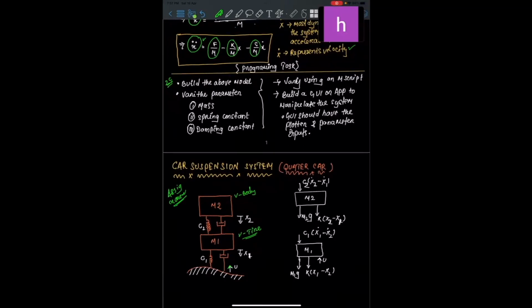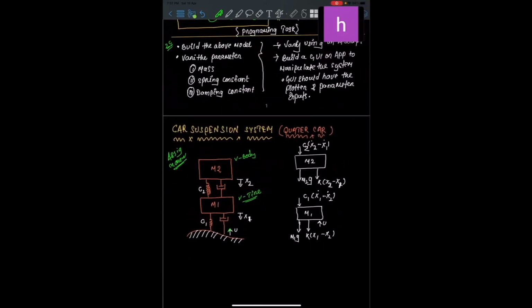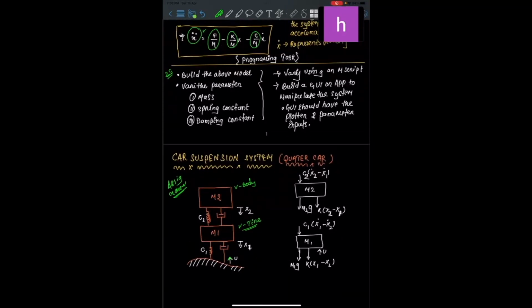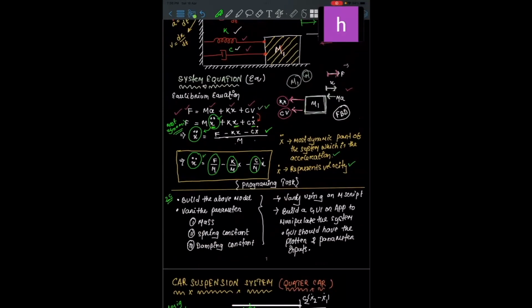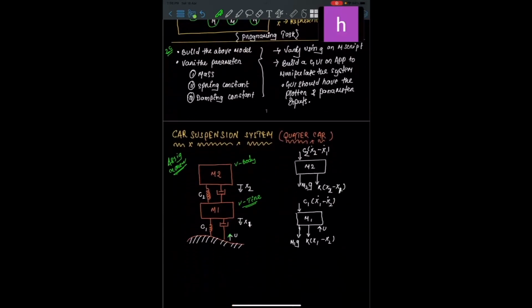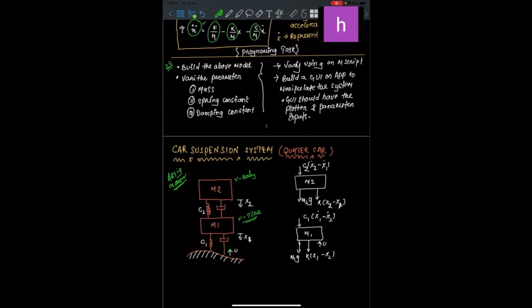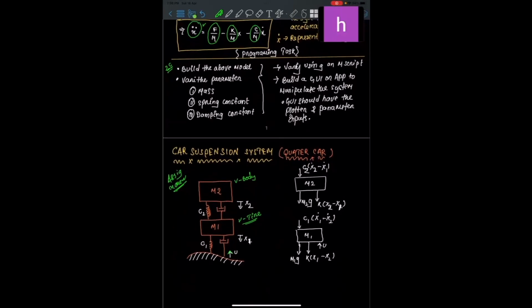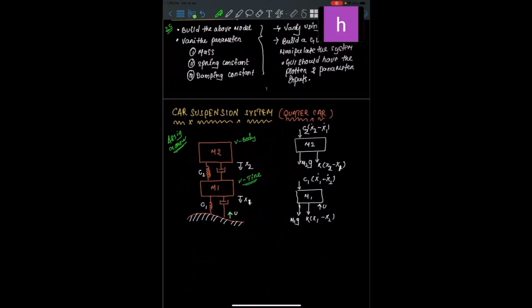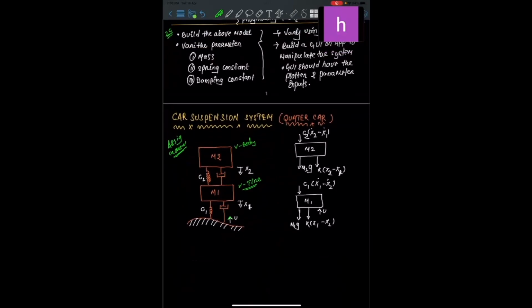You can create the system equation based on the two mass system. Here we are saying only one mass, but here you will be seeing two masses which are interlinked, based on the two subsystems. As you can see, the acceleration is also involved in this one, which I have not included.